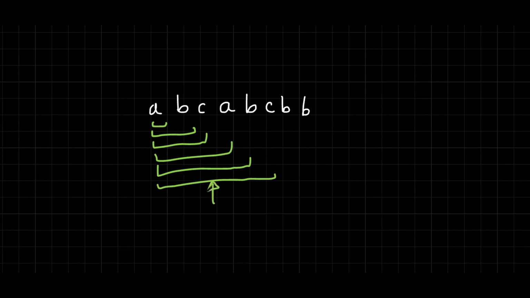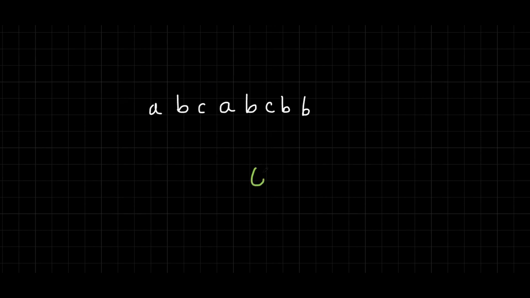We have to do this operation for every character, for each A, each B, each C, and so on. In this approach, we check all possible substrings. So the time complexity of this algorithm becomes big O of n square, which is very costly.